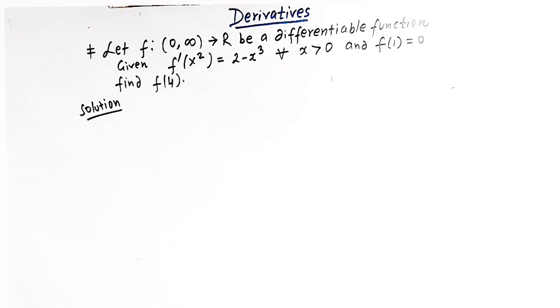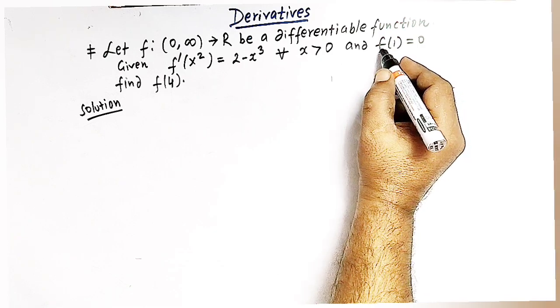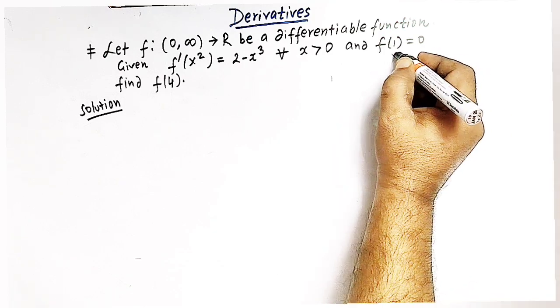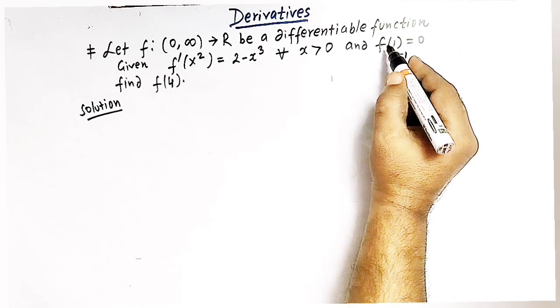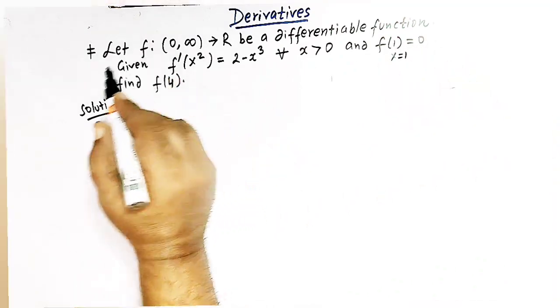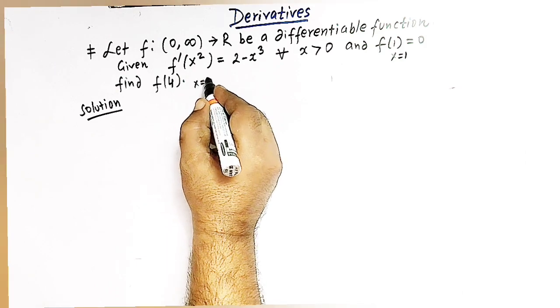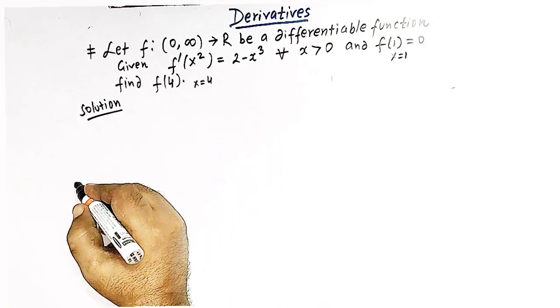So now this is a very easy problem, and here we are given the value of the function at the point x equal to 1, that is f of 1 is equal to 0, and we have to find the value of the function at x equal to 4, right?